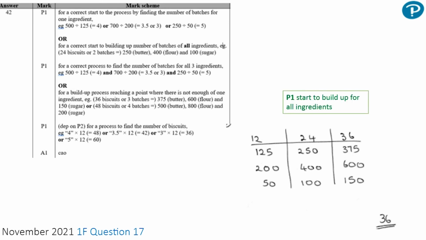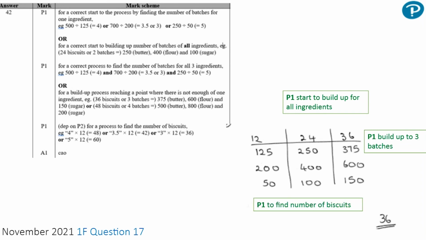Well, they start to build it up for all ingredients, building it up to 3 batches. Is there a method there to find the number of biscuits? Yeah, I suppose they've got to 36. And you look at the workings there where it's got 3 times 12 is 36. So they are looking at the price, finding the number. There is a process, but again, their final numbers, they haven't seen it through.